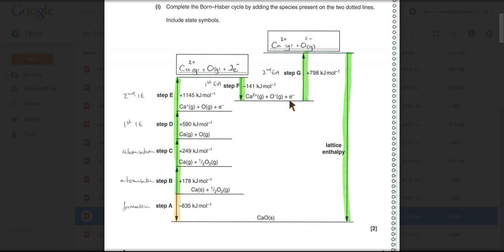Then the final thing is to combine these two together. What's going to live on this line must be the Ca2+ gas ion and the O2- gas ion. So that's step G, the second electron affinity. And that hasn't been a waste of time, because the question goes on and asks us about some of these steps.